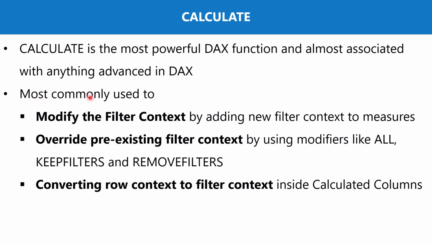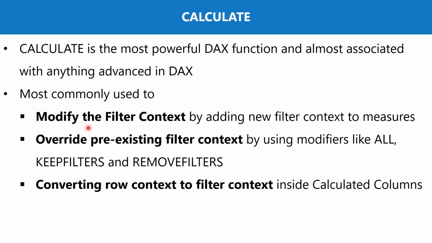Most commonly, this function is used to modify the filter context by adding new filter context to the measures. It can be used to override pre-existing filter context by using modifiers like all, keep filters, and remove filters. And it is used to convert the row context to the filter context inside the calculated columns.